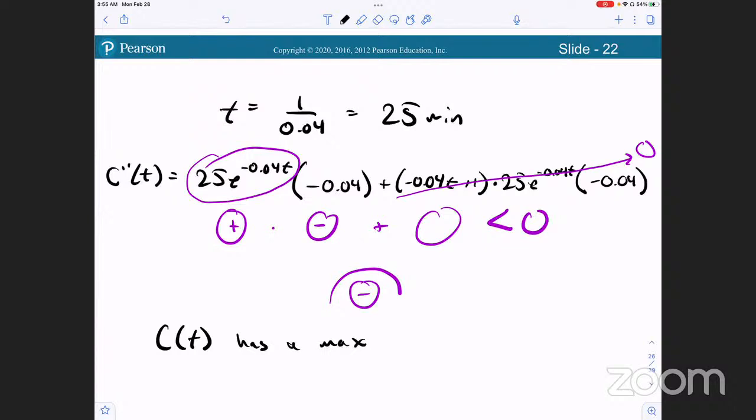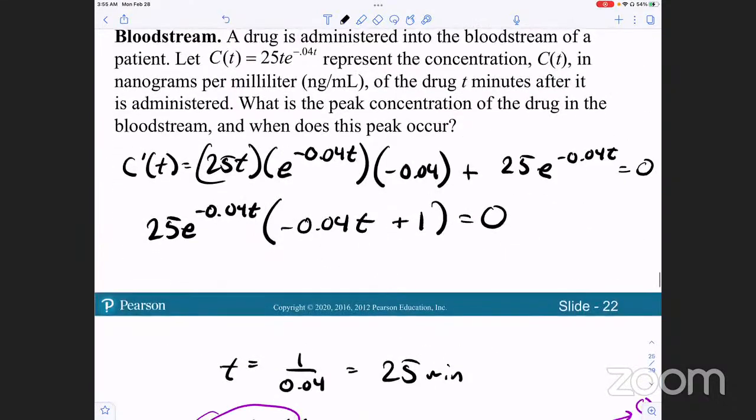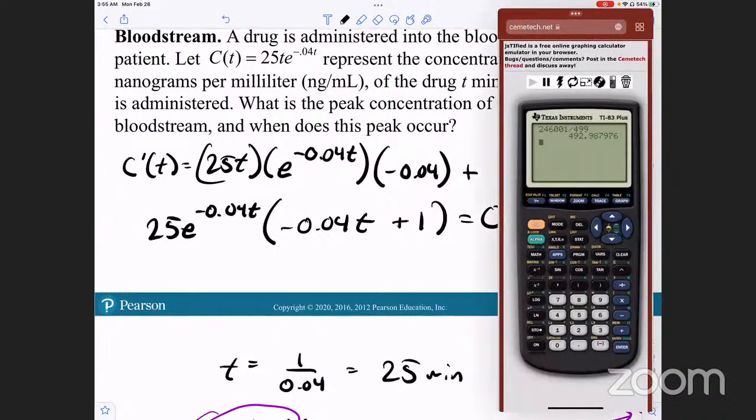The concentration has a maximum concentration of... now basically we plug in 25 into the original. I'm just going to use my calculator at this point. Y equals, clear, 25, hopefully I didn't make any mistakes, x times e to the power of negative 0.04x.